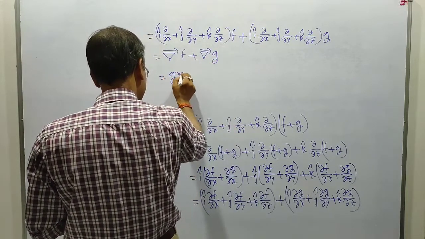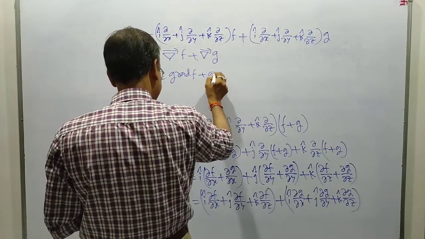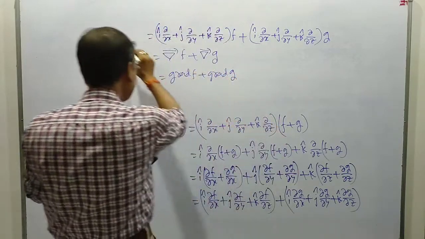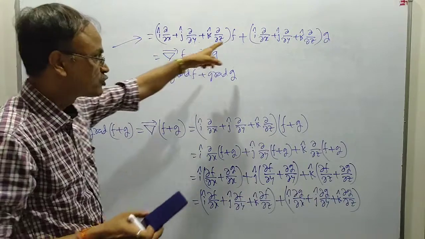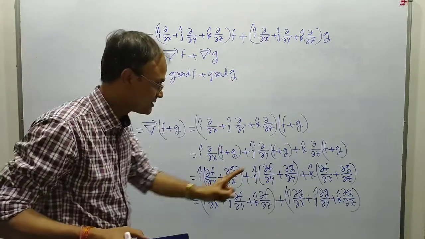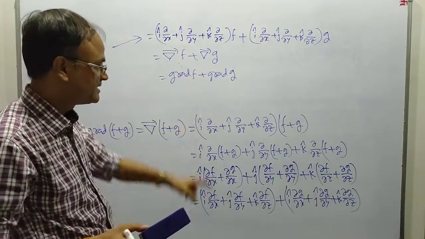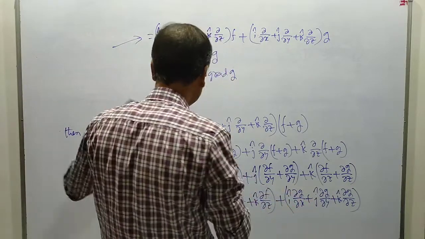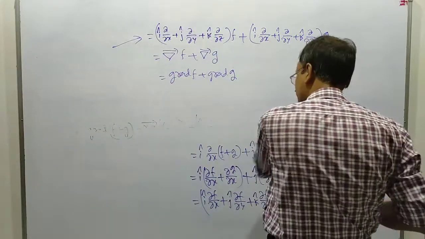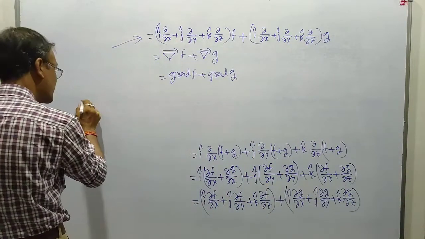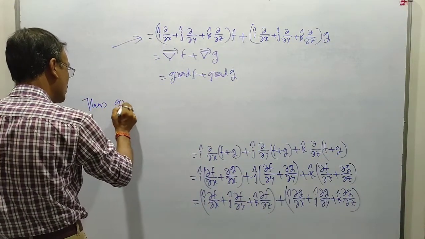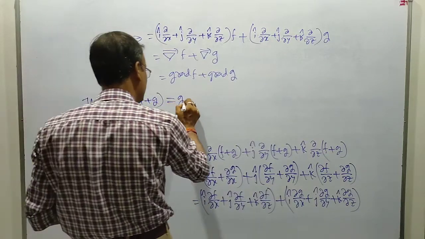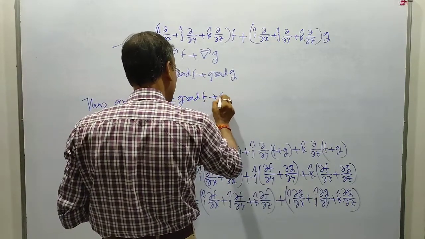This is equal to gradient of f plus gradient of g. You may skip this step and write directly from here: gradient of f plus gradient of g. Thus, gradient of f plus g is equal to gradient of f plus gradient of g.